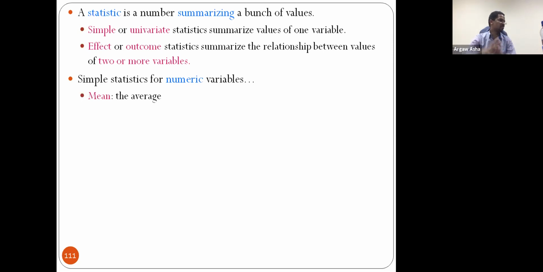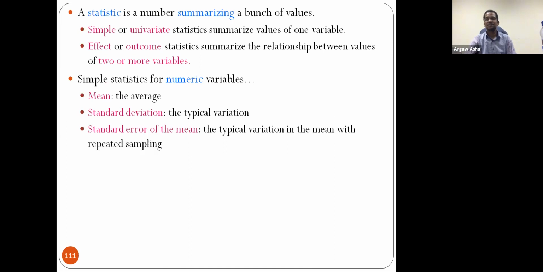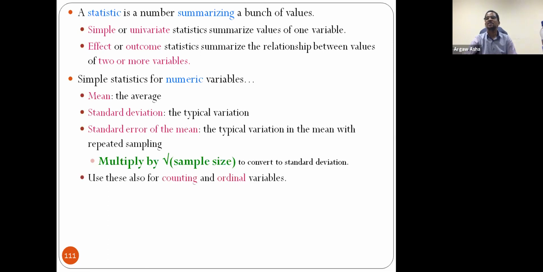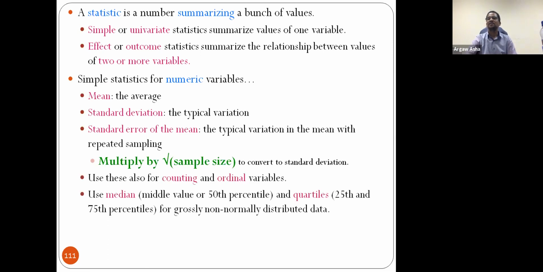Mean is the average. If you have 10 data, you can sum those 10 data divided by 10. You can use some of the average. You can use the standard deviation, and then standard error of the mean. You can use sample size, counting, ordinals.